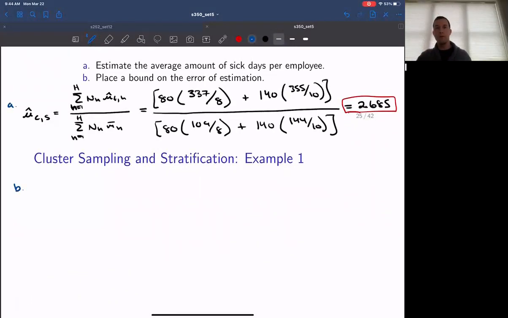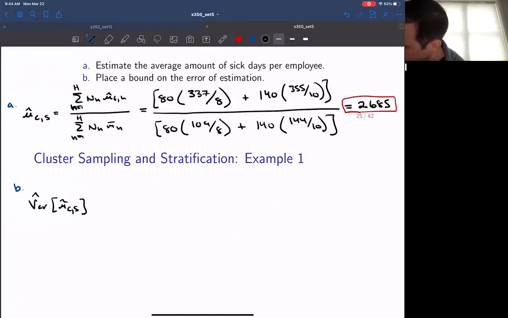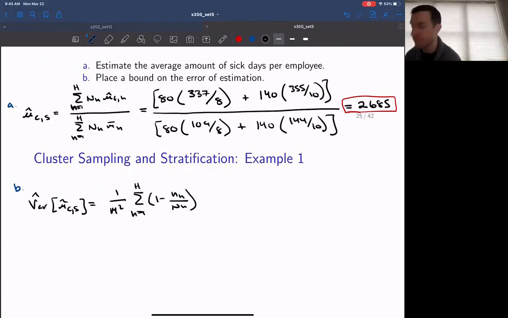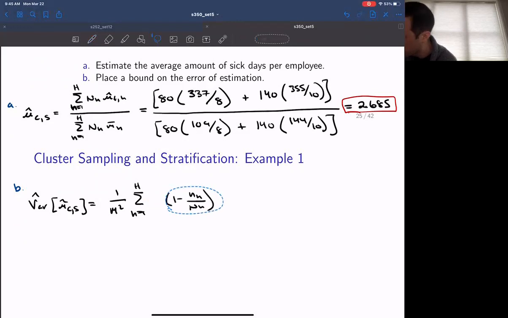Right. Okay, so in part B, here we're going to have the variance of mu tilde CS is equal to 1 over m squared multiplied by the sum from H equals 1 to capital H, 1 minus little nH over capital NH, NH squared multiplied by sigma hat, what did I call this one?